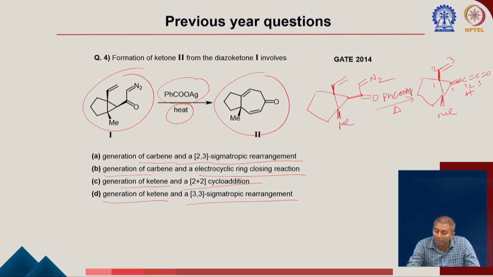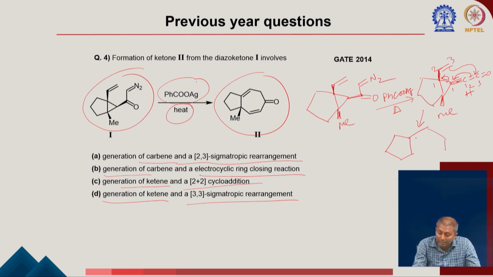So, now you can think about a 3,3 sigmatropic shift where this can attack here, this bond can come back here, and this cyclopropane ring can break. If that is happening, that can take you all the way. So, now what is happening here? Your ring expansion is happening.